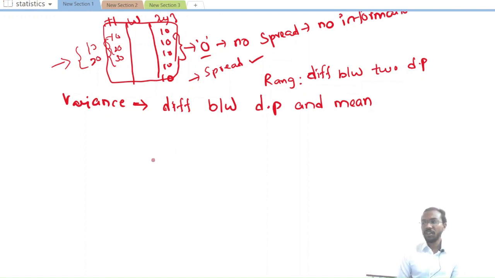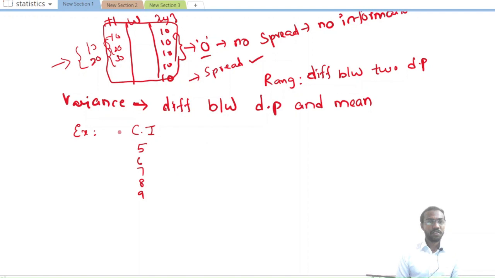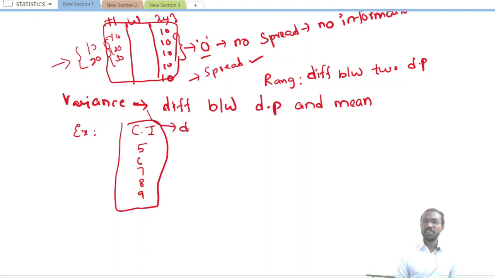Let me try to define with one example what we mean by the difference between a data point and the mean. Suppose we have a column 5, 6, 7, 8, 9. Can we say that variance is nothing but deviation around the mean, the difference or spread or dispersion around the mean?